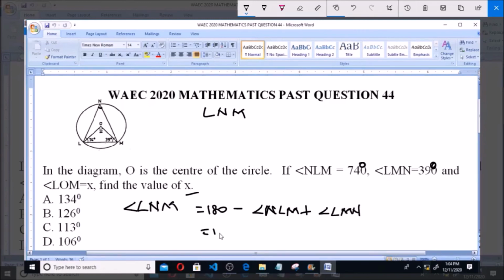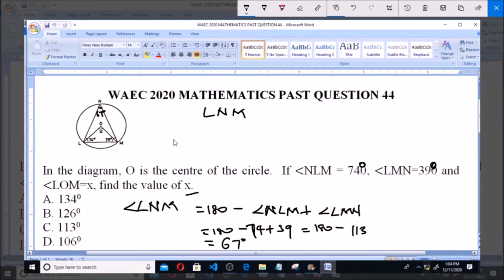So this is equal to 180 minus (74 plus 39), which is equal to 180 minus 113, and that is equal to 67 degrees. So angle LNM is 67 degrees.